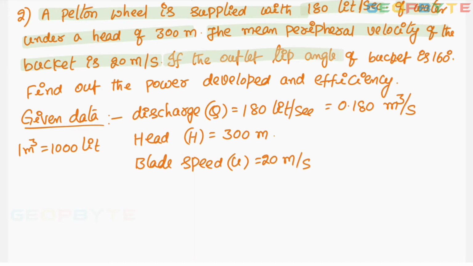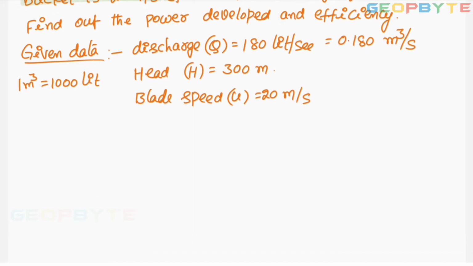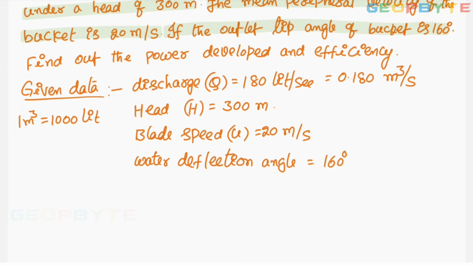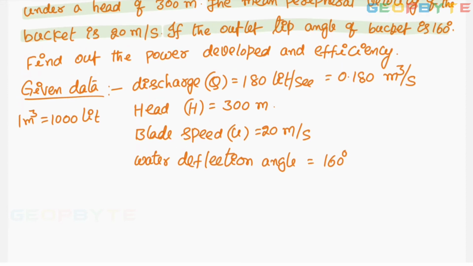If the outlet tip angle of the bucket, that means indirectly water deflection angle, equal to 160 degrees, then blade exit angle phi equal to 180 minus water deflection angle is equal to 20 degrees.